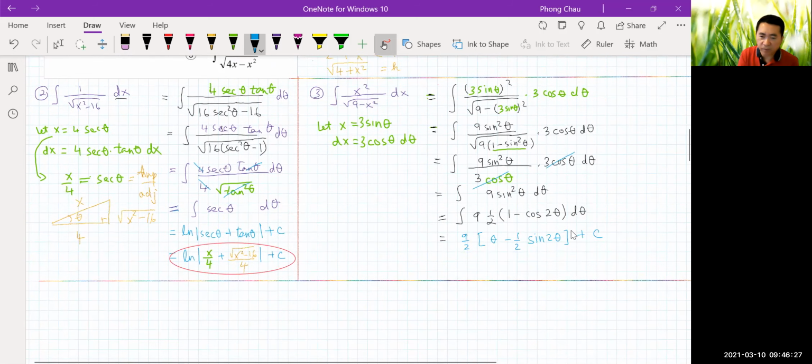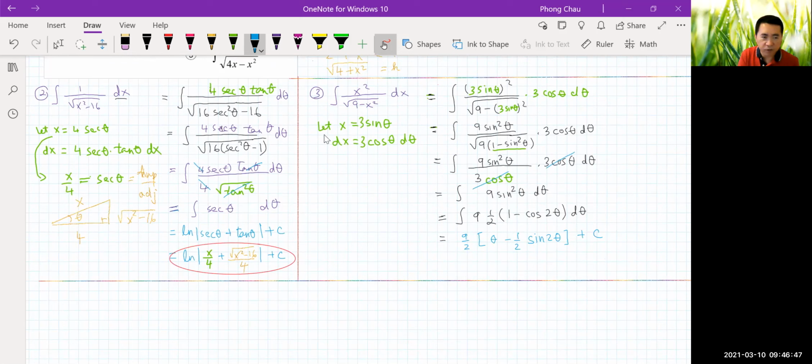But then we're going to have to switch back to the original variables. Now there's a bit of a problem, unlike the other ones we've done. Here the angle is 2 theta rather than theta.